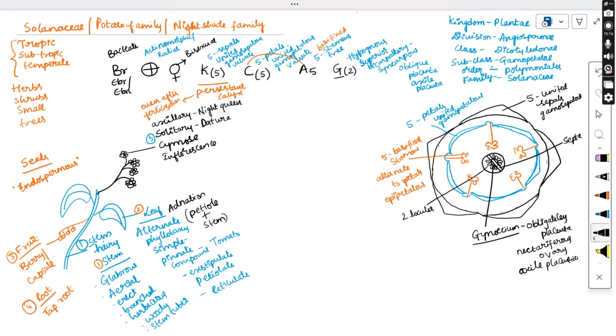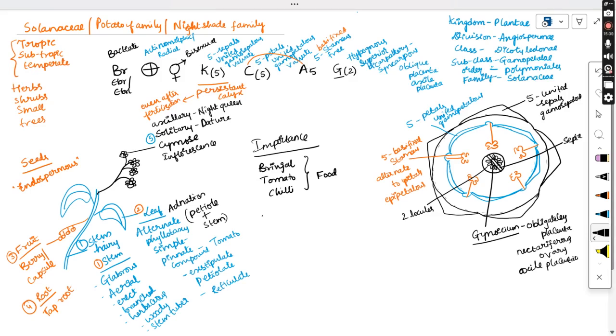When it comes to economic importance, foods like brinjal, tomato and chili can all be taken as food. So here we are discussing the importance of plants that come under the Solanaceae, or potato, family.